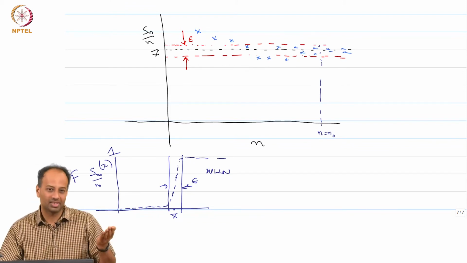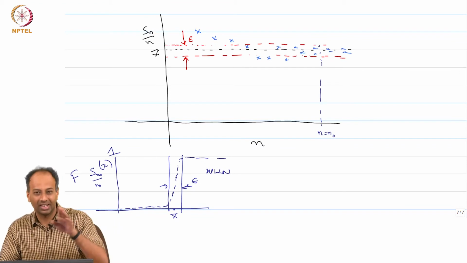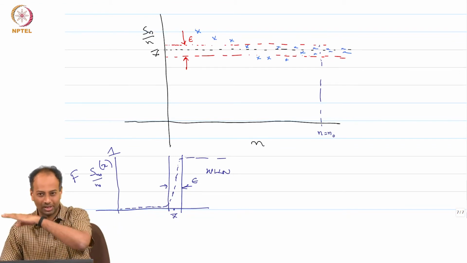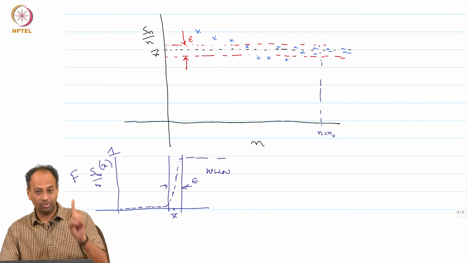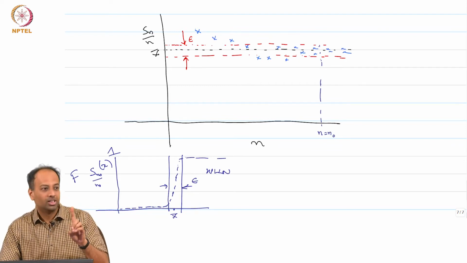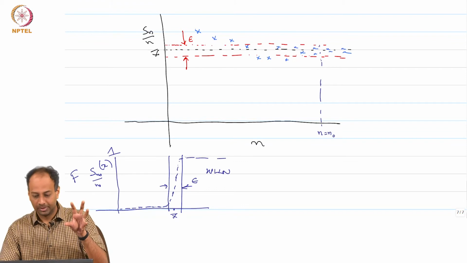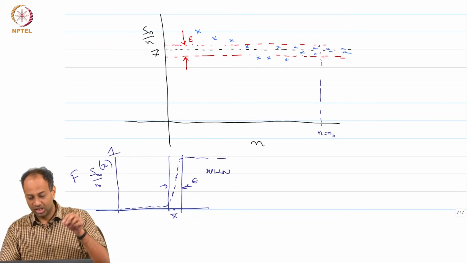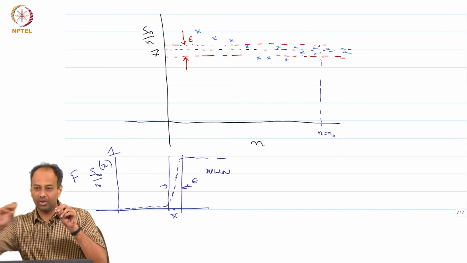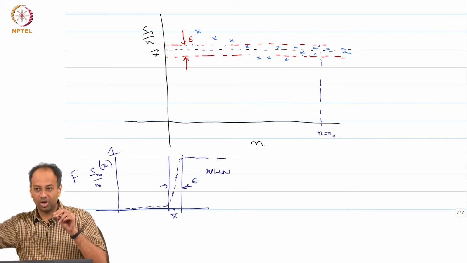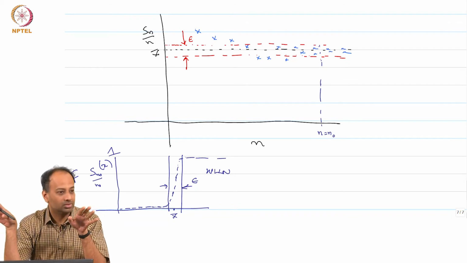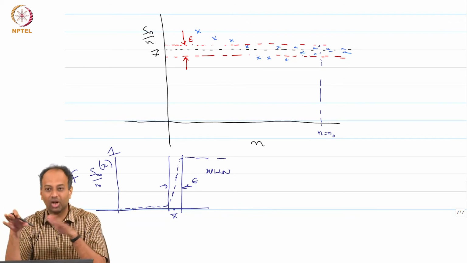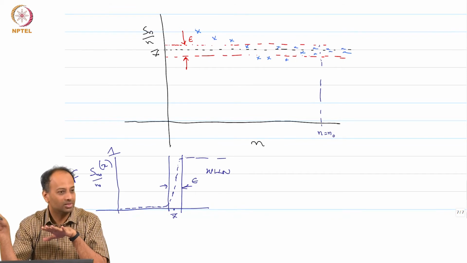Of course, if you have a different little omega, you will get different places for these crosses, right. However, what we are saying is that on a set of probability 1, these little omegas, these crosses will be constrained to an epsilon band beyond some n naught, never to get out, okay. It will never get out beyond some n naught, okay.